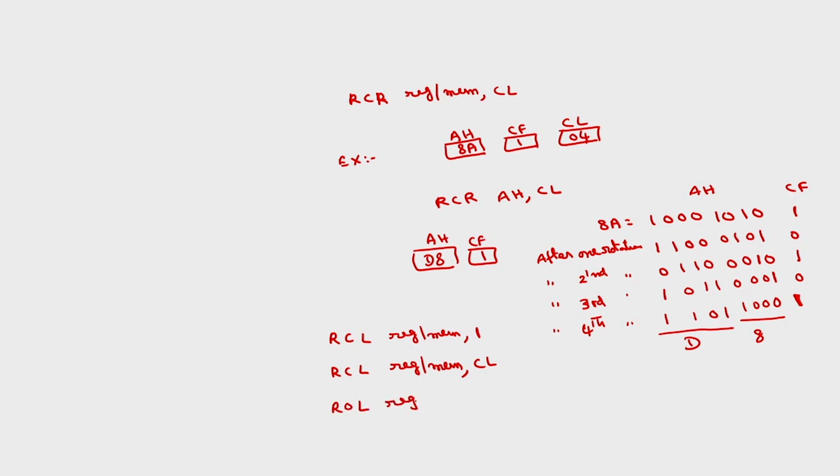The same format, register slash memory, comma 1. The difference between this RCL and ROL is, in case of ROL, this is A0, A1, A2, so on.